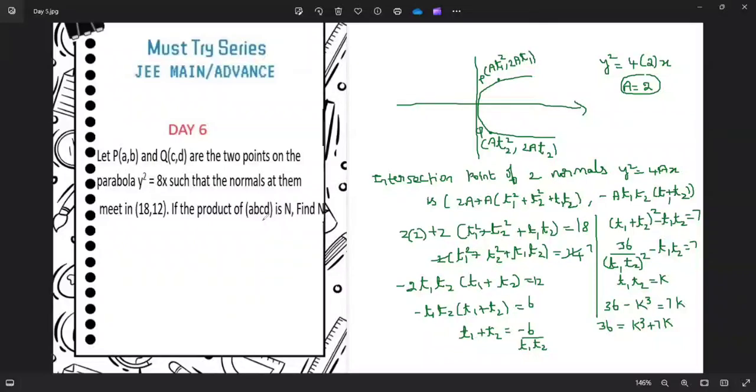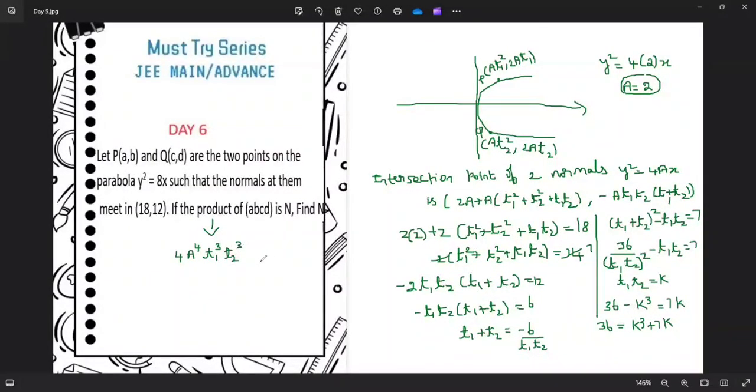Now on the other side, they're asking the product of a, b, c, d. So we understand a is A t1 square, b is 2A t1, c is A t2 square, d is 2A t2. So basically this information which they're asking us, when you multiply, you will be having 4 times A power 4, and t1 square times t1, altogether that's like t1 cube. Similarly t2 square times t2 is going to become t2 cube.